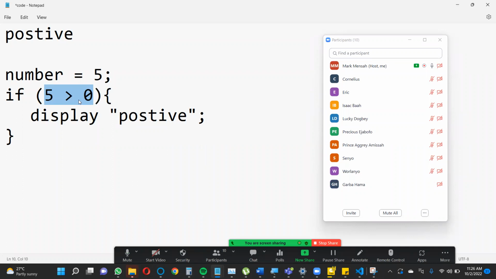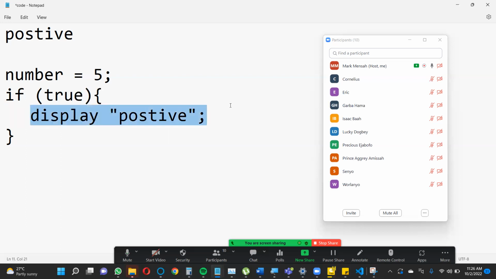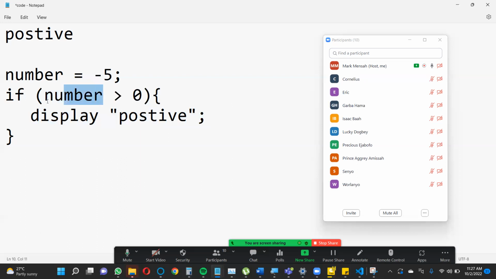If the answer is yes, then this entire section will be evaluated to true. So this would look like, if true, display positive.